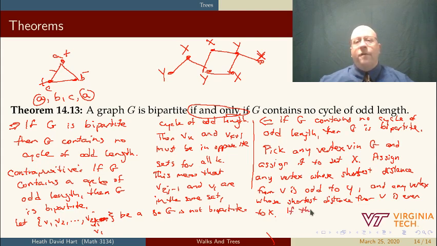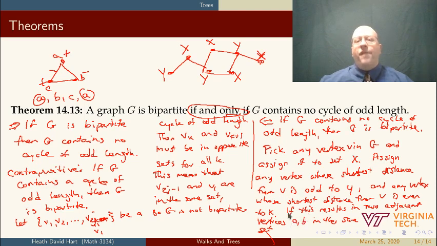If this results in two adjacent vertices A and B in the same set, here's where we're going to create an odd cycle.